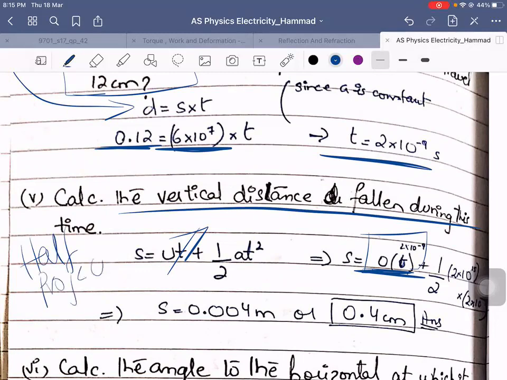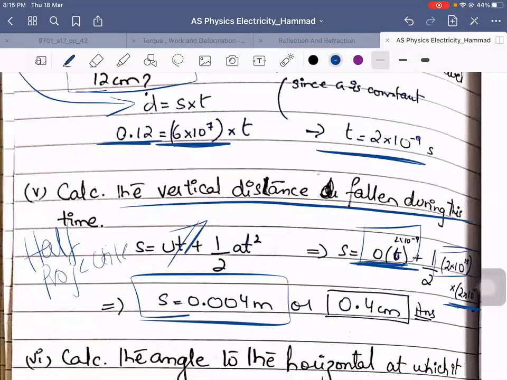The time is provided to you, the acceleration in the vertical component is provided to you, and you'll realize that the displacement is this value.